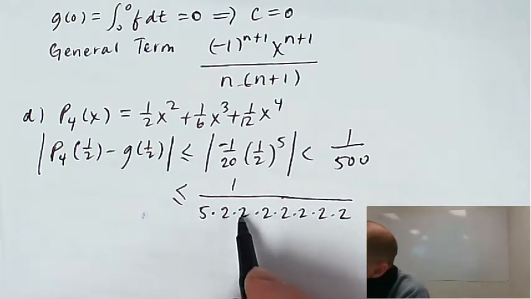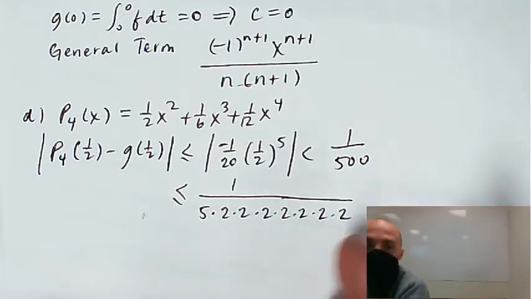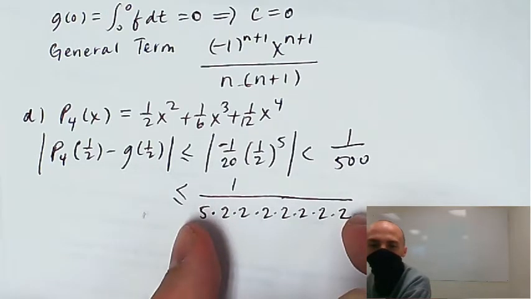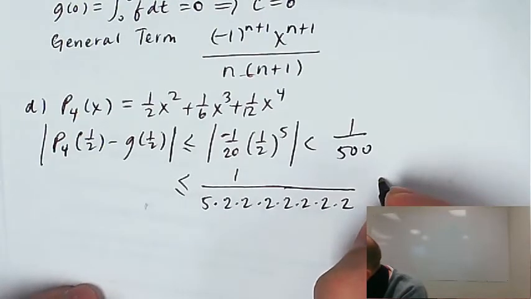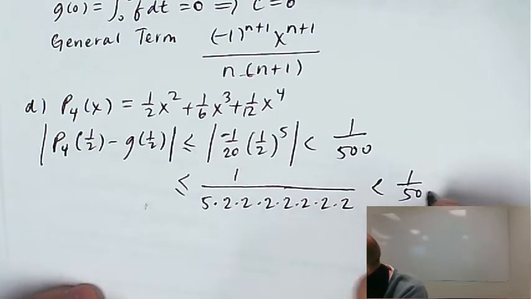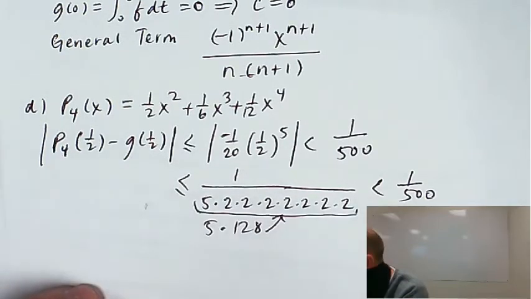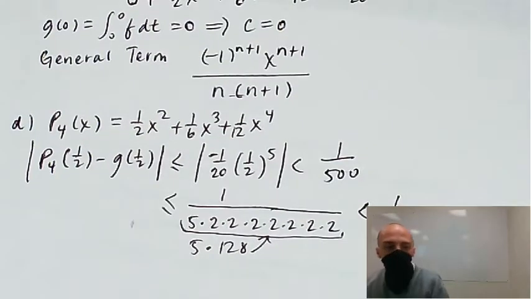But you actually do: 2, 4, 8, 16, 32, 64, 128. So these 2's make up 128. So in total, this is definitely bigger than 500, which means the fraction is less than 1 over 500. And on an arithmetic level, that's why it was what it was.